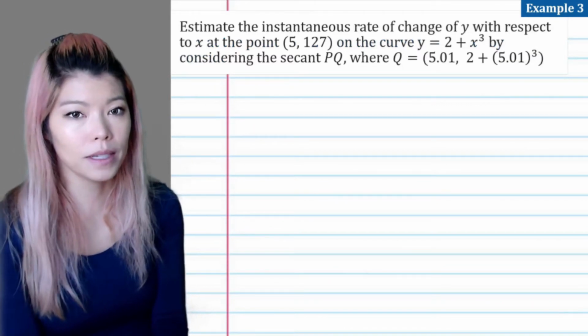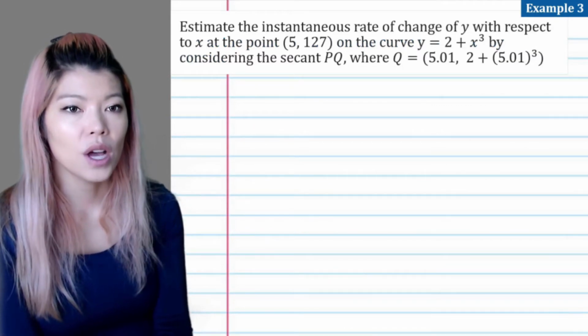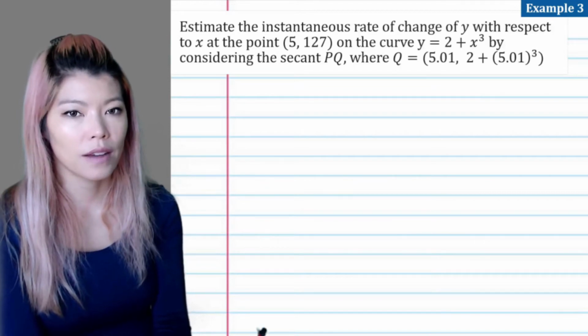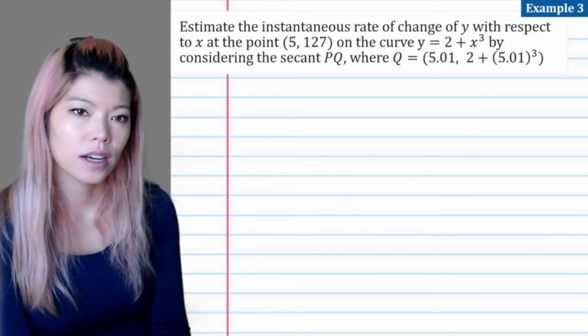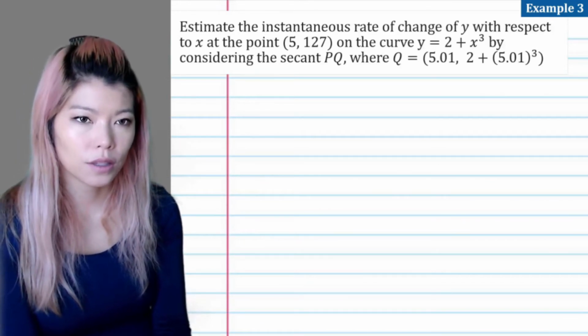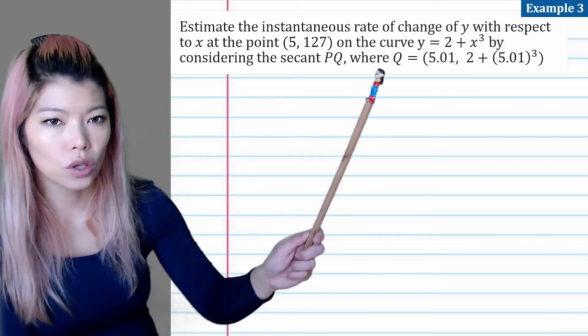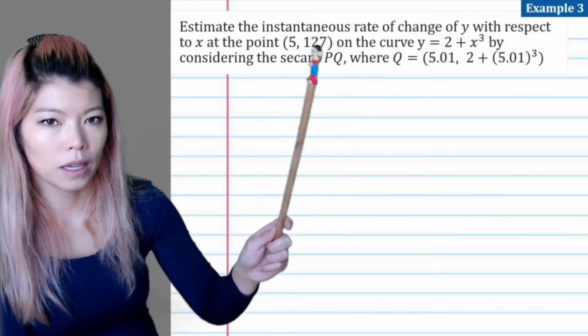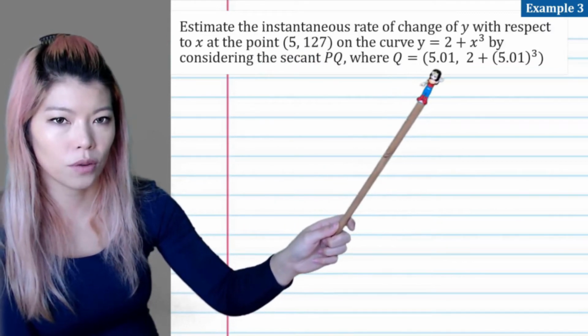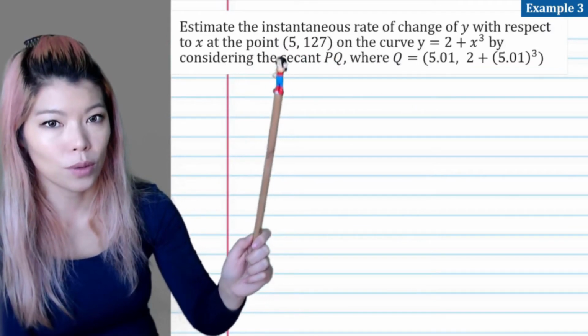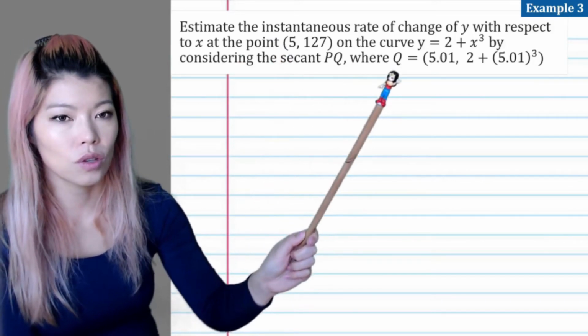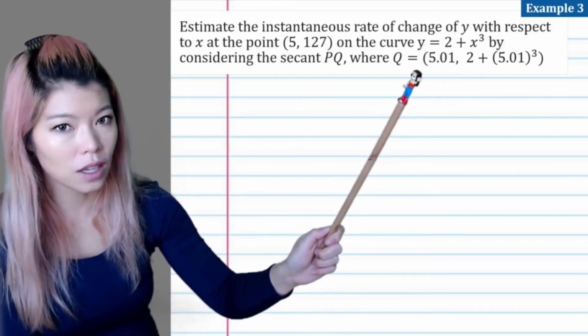Example 3. Estimate the instantaneous rate of change of y with respect to x at the point (5, 127) on the curve y equals 2 plus x cubed by considering the secant PQ, where Q, so this is P and Q is 5.01. Notice the x value, so P is 5 and Q is 5.01, so very close.